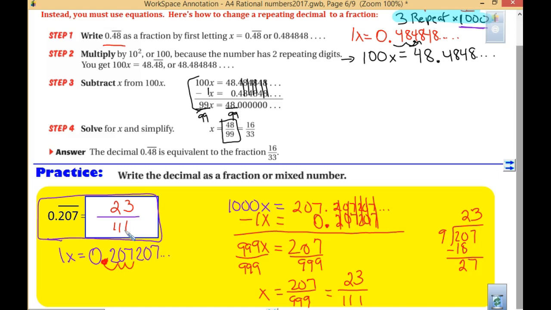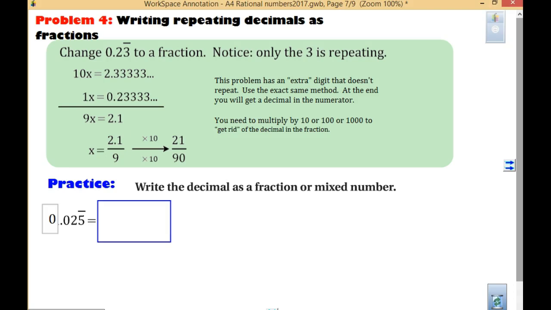Okay? We've got one more to try. What's different about this one than the last one? Look at this question. Do both the 2 and 3 repeat? No, just the last one. Just one digit repeats, so we're going to do this one a little differently. We're still going to do it because one repeats, right? Only one repeating, so we're going to multiply by 10. So they go 10x and 1x, and you're subtracting.